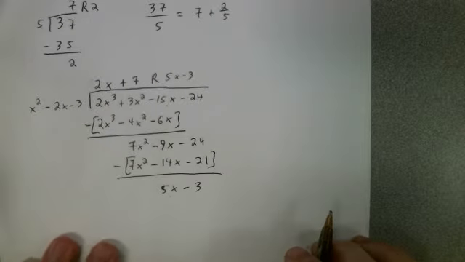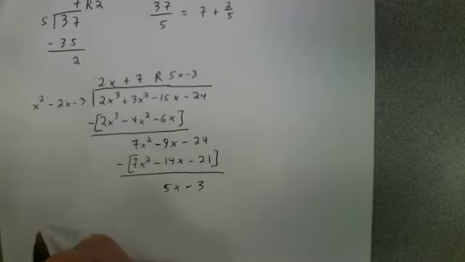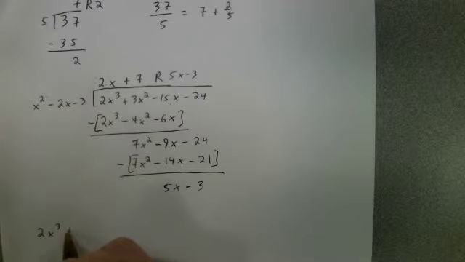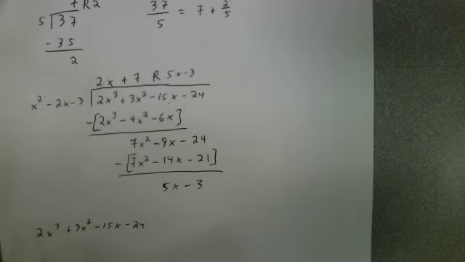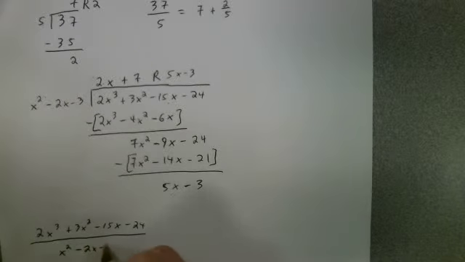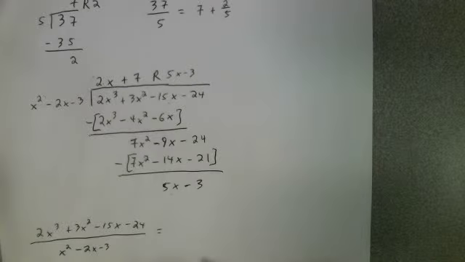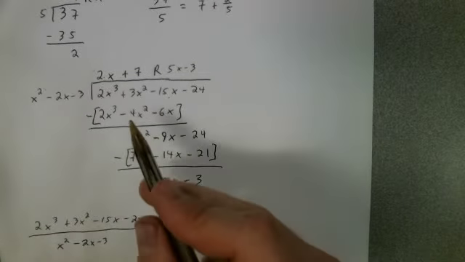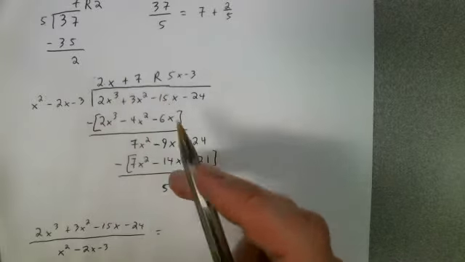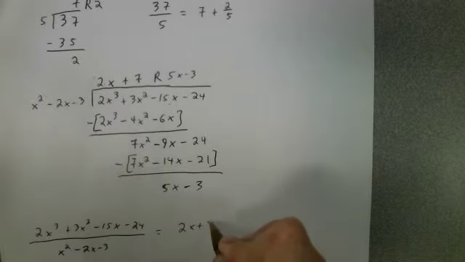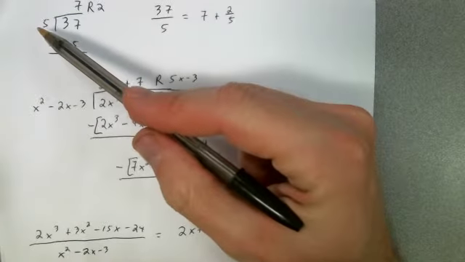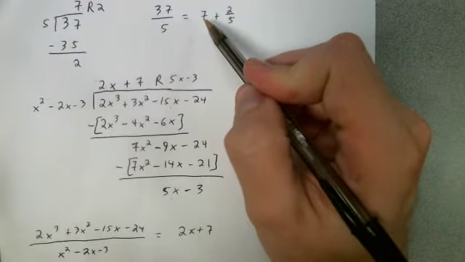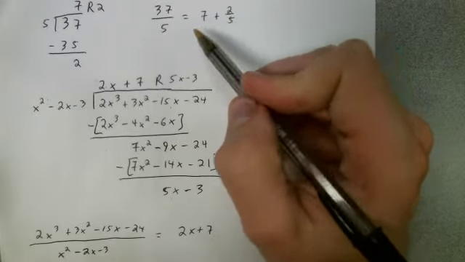Okay, so let's look at what this is telling us. This is telling us if you do 2x cubed plus 3x squared minus 15x minus 24, and you divide by x squared minus 2x minus 3, well, this is telling us that we get 2x plus 7. But then we have a remainder. So just like on this problem, 37 divided by 5 gave us 7 with 2/5 left over.